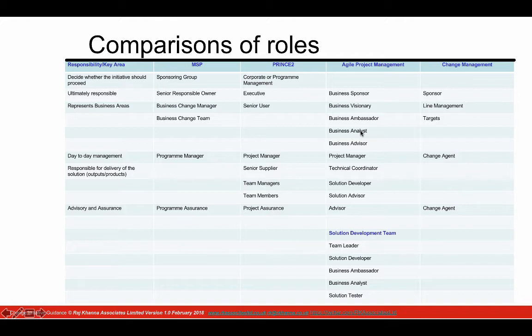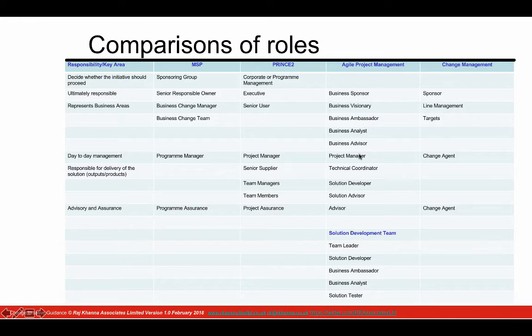Where does my fridge go? And where does my sink go? That's really what the business analyst is looking at. Will the positions of those three items allow me to deliver a business? They don't go into the detail as to what type of cooker do I need, what type of sink, or what kind of taps that I need. That is the responsibility of the business ambassador.